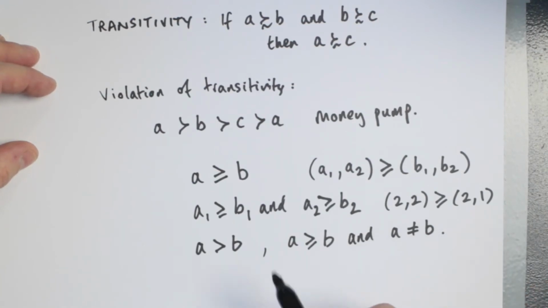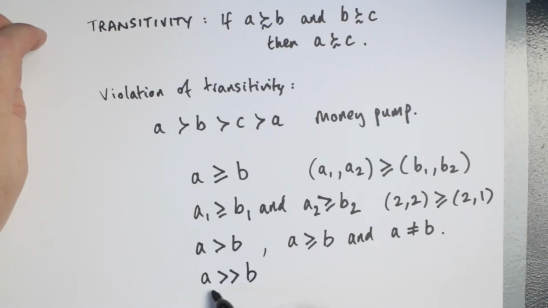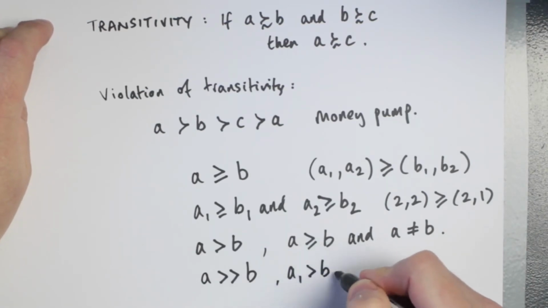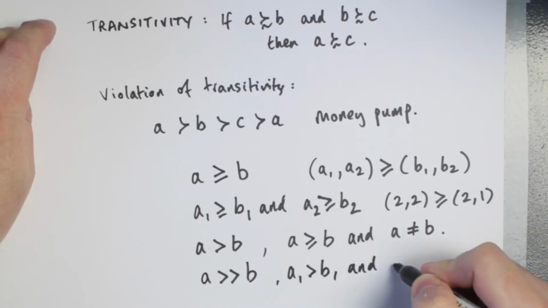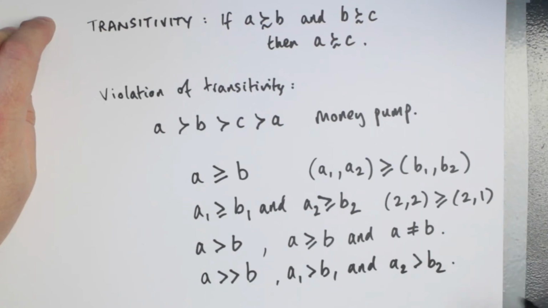Another notation you'll see sometimes is that if we write A is strictly greater than B, but we use two of these strictly greater than signs, it means that A1 is strictly greater than B1 and A2 is strictly greater than B2.